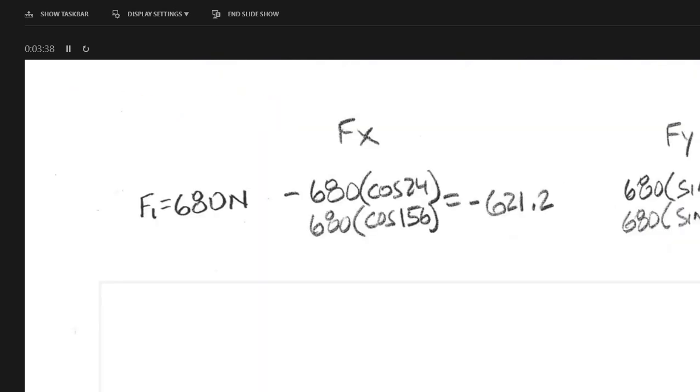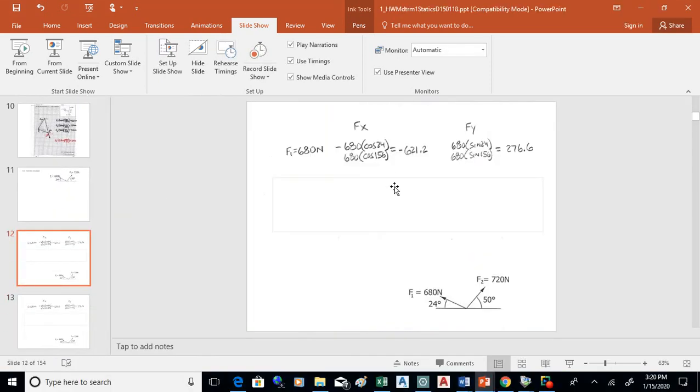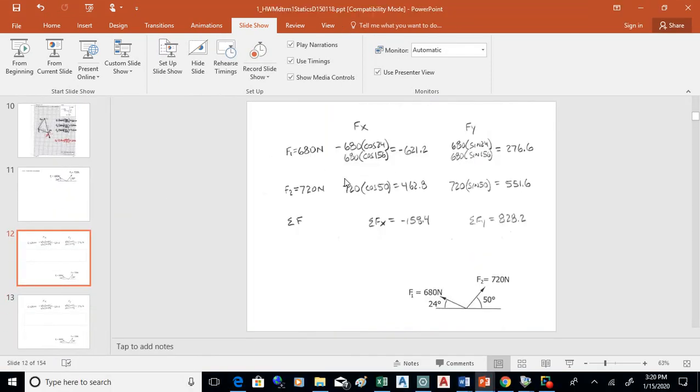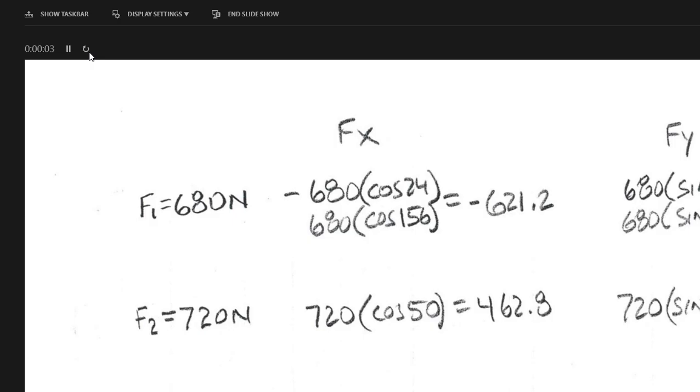Okay, the next one, the thing on this is to break everything up into components, and then you just want to add everything up. So you just want to break things up into X components and Y components.